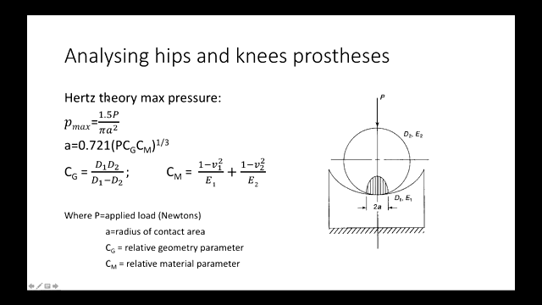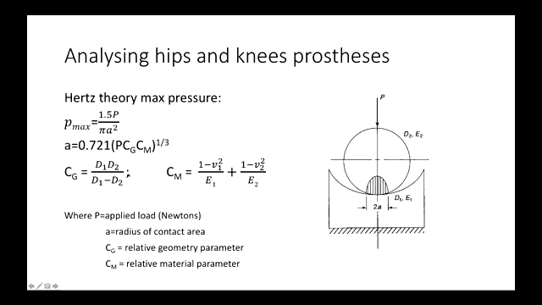It's pretty involved. But you can calculate the maximum pressure in the polyethylene is that formula, where A is the radius of the contact area. So you can see here, in this picture, you have this small little area that's where all the contact is. Right? So that's where all the contact stress is going to be.